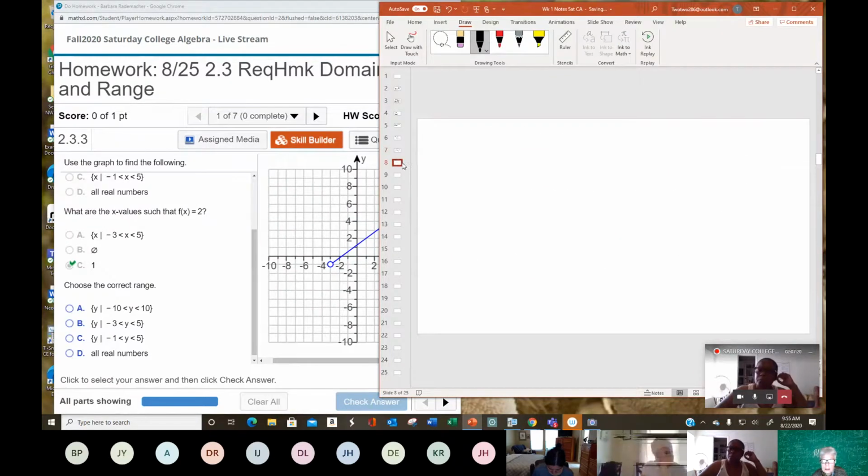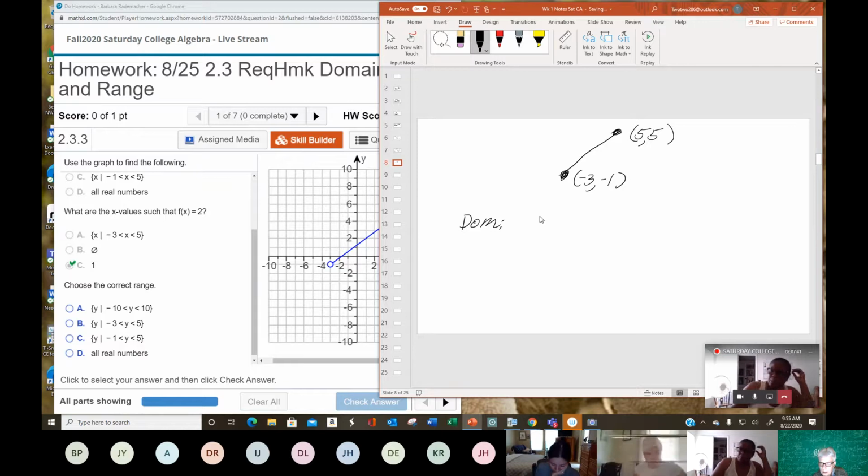Let's go to another slide. So I'll have this, and I'll have this, and I'll have -3, -1, and 5, 5. If we were doing interval notation, the domain would be bracket -3, 5, bracket.